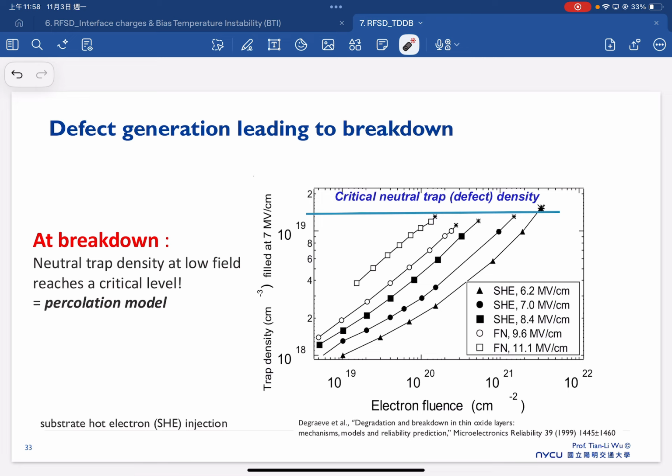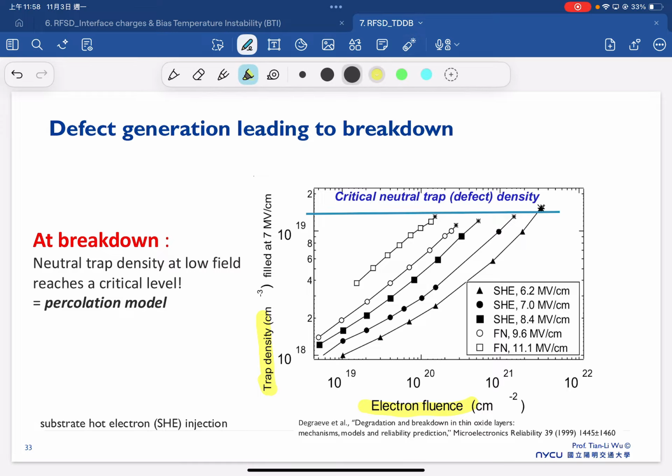So now based on this model, we start to do different stress. This is the trap density versus the different injected electrons here. These two are based on FN tunneling, and these two are based on substrate hot electron injection. But it's not that important.